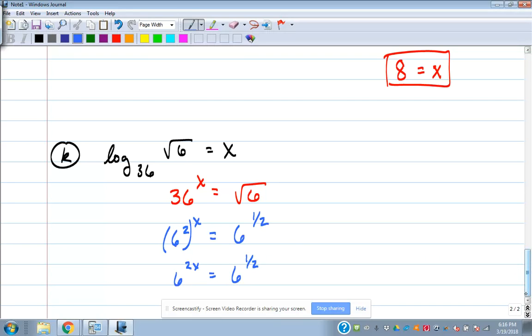And if the bases are the same, 6 and 6, what do we know about the exponents? If this is equal to that, then what do I know about 2x and 1/2? They better equal each other, right? So I'm going to set 2x equal to 1/2.